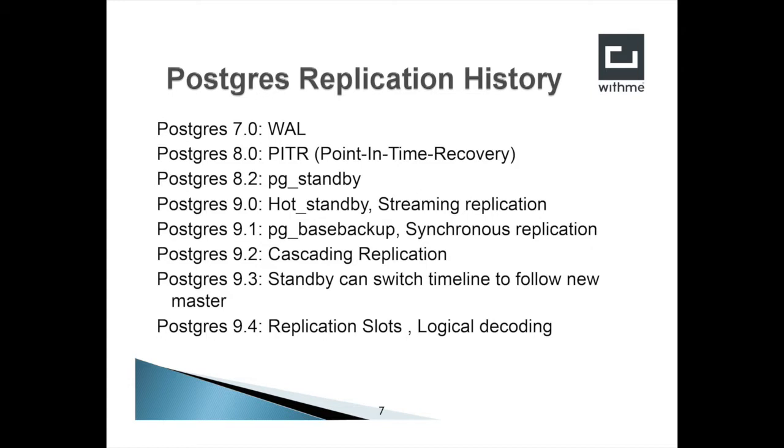And in 9.4, until 9.3, most of the replication was broken, it's not perfect. But in 9.4, once the replication slot feature came into the picture, it's the perfect replication system we have now, because in earlier versions the Postgres master did not have any information about the slave.